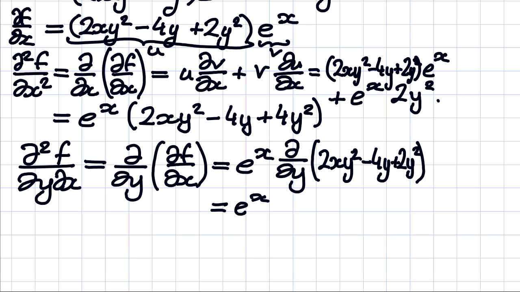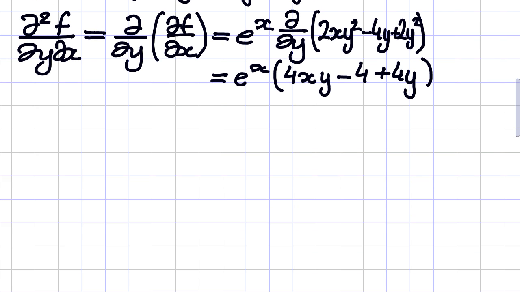And now I just differentiate the second part term by term. So that's 4x, which I'm treating as a constant, times y, minus 4 plus 4y. So that's all the x derivatives.